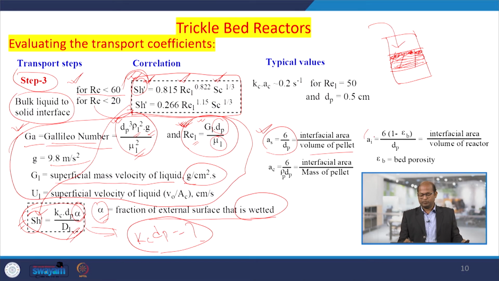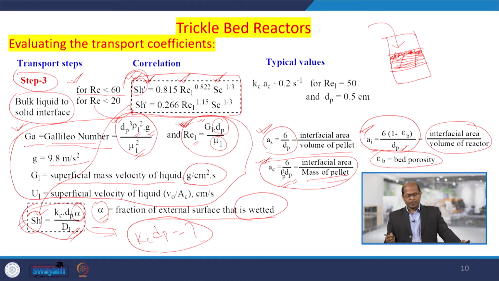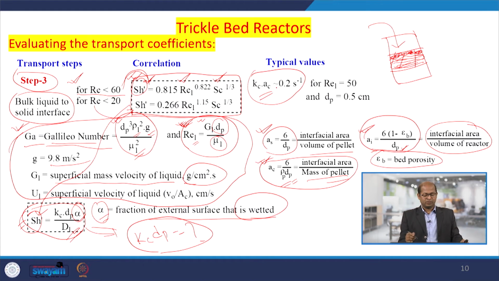If you want to calculate interfacial area per unit volume, then with bed porosity and diameter of the particles, we can find AI. Or for interfacial area per unit mass of the catalyst or pellets, the density of the particles and diameter of the particles you have to put here, then AC you can find out. EB is the bed porosity that we have to use here. By that way we can find out the Kc value.